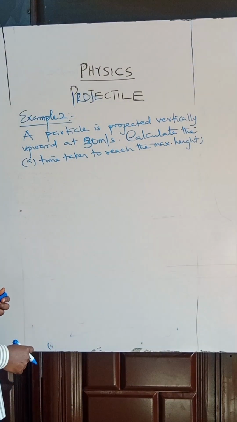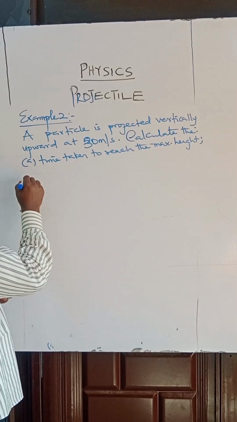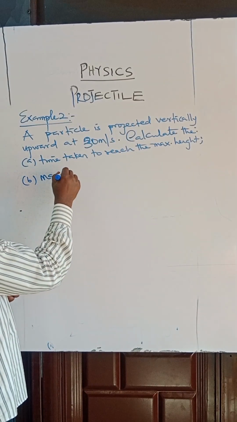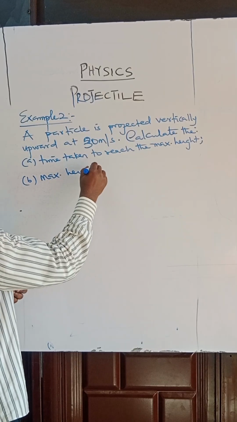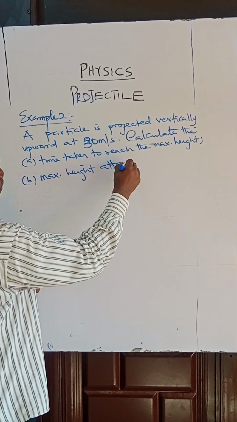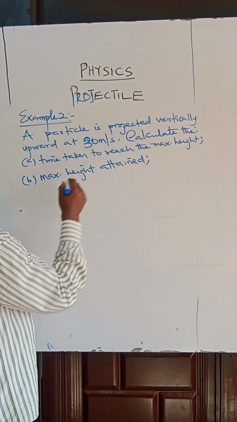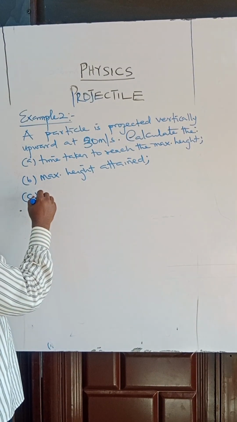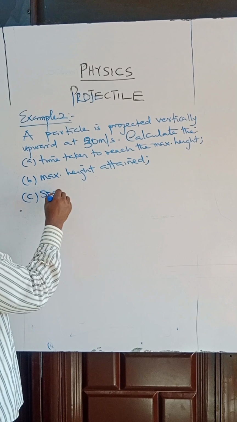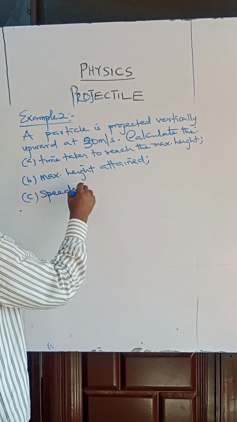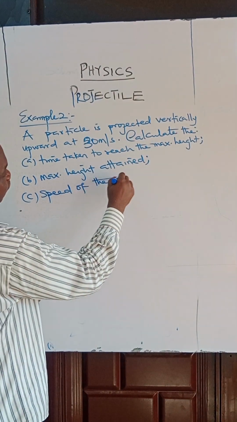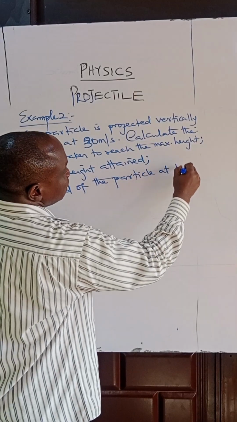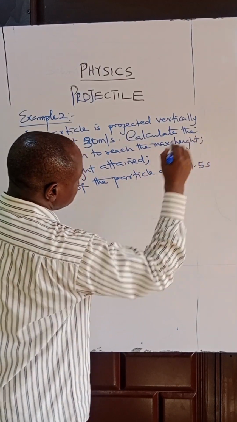B, the maximum height attained. C, find the speed of the particle at t equals 1.5 seconds.